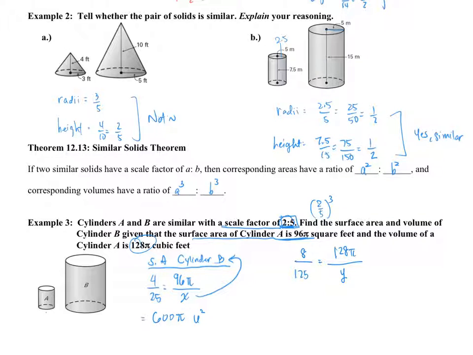And I'm going to use y here to represent the volume of cylinder B. So after you solve for y, it should equal 2,000 pi square units. Well, I didn't give you the decimal form of the answer, so if you're being asked to round, you just go ahead and use the calculator.